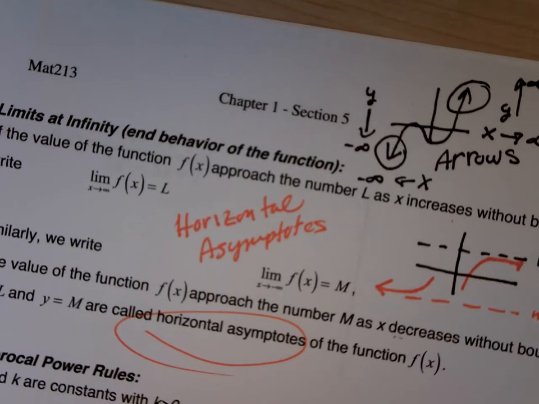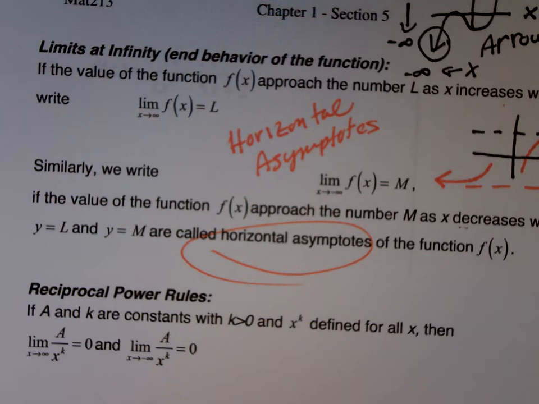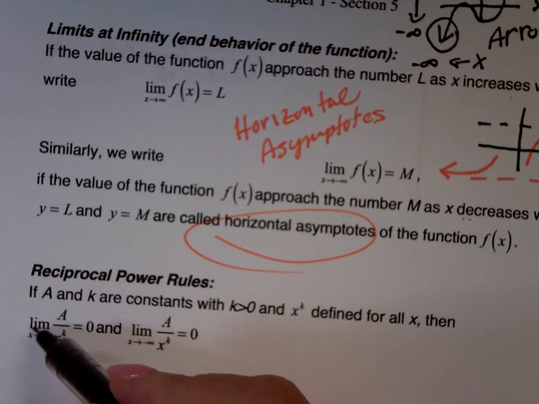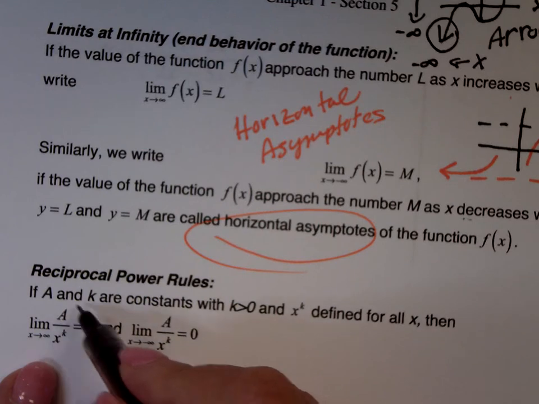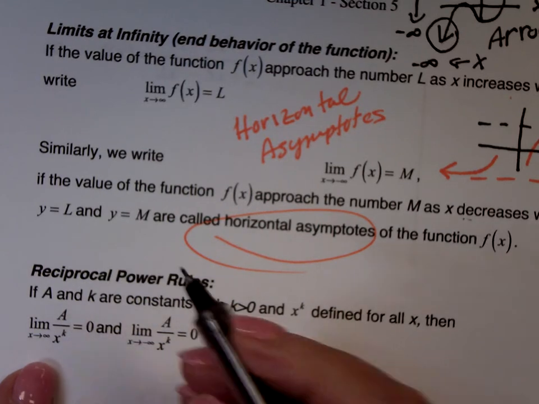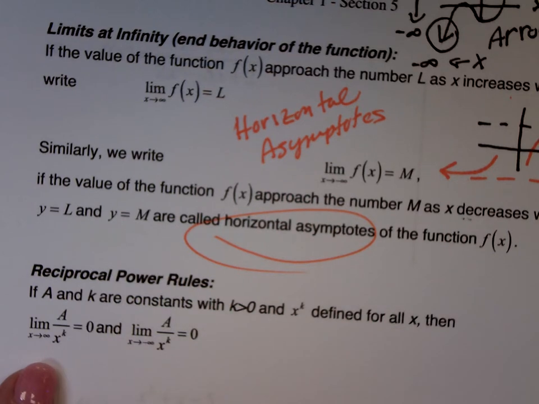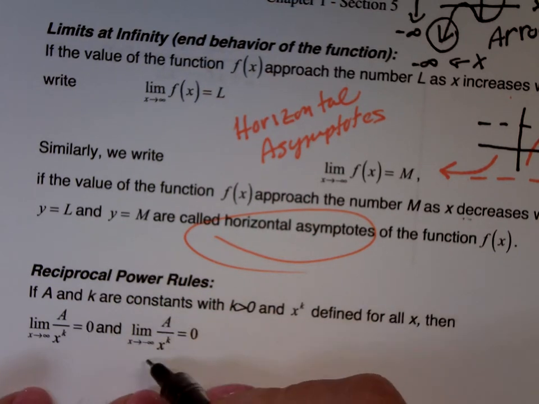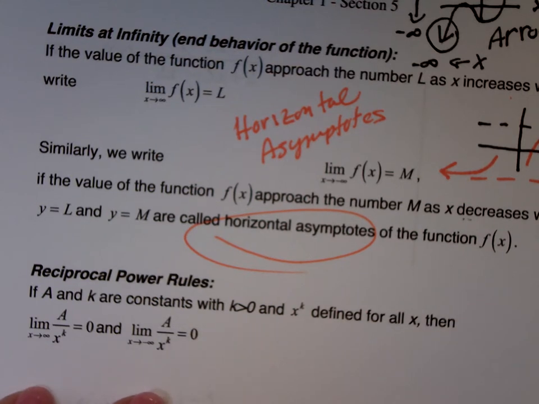Now what's the key? The key is this right here. As x goes to infinity, any number, any constant over x to some power, or negative infinity of x to some power, you get 0. Well, why is that?